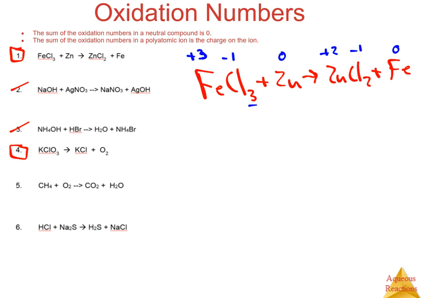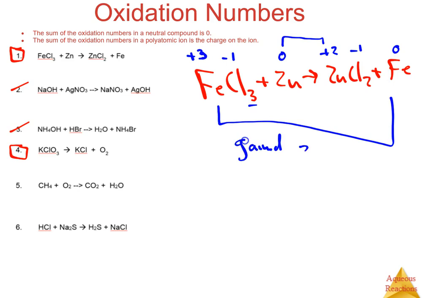So now I connect my lines, or the things that change, with the bracket. So Fe went from +3 to 0. Zinc went from 0 to a +2. So look here. Iron became more negative, right? So it gained 3 electrons, which we would say it was reduced.